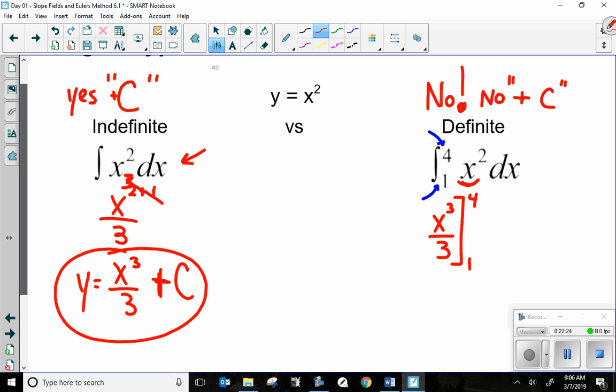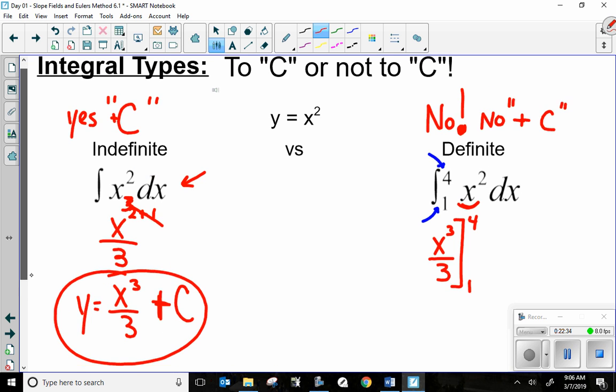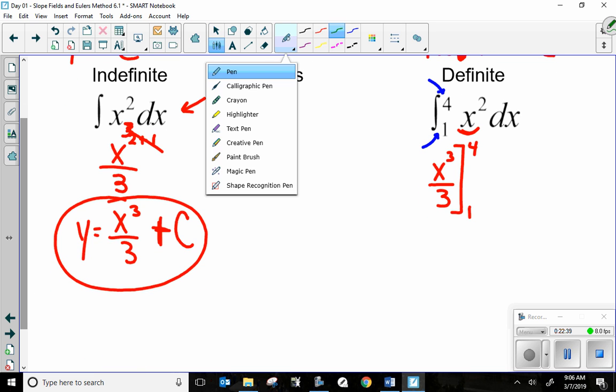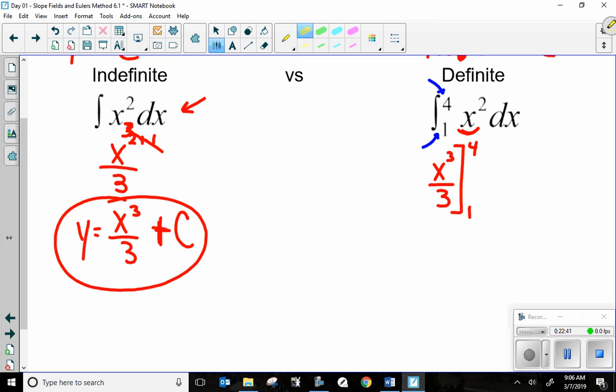Let me clarify that. You do not put plus c here because now you know you want that area under the curve from when x is 4 to when x is 1. So all I do here is I plug in 4 first. I literally plug 4 into my equation, and I get 4 cubed over 3.